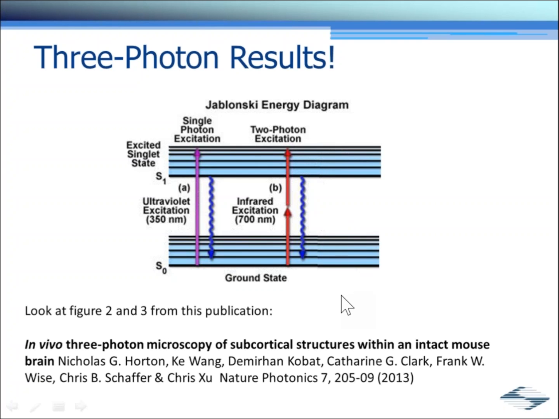But what if we extend this graph a little bit, and instead of two photons, we take one, two, and then three. In other words, we take three photons of a third of the energy each, and hit the molecule at exactly the same time. So the effect would be similar to two photon imaging. However, the excitation wavelengths would need to be much longer.